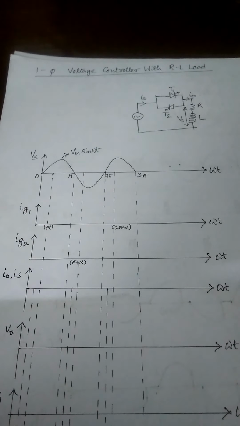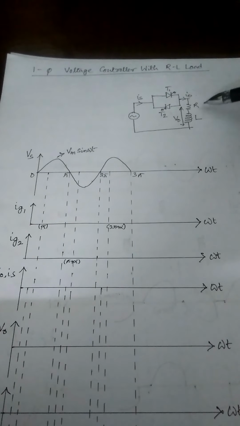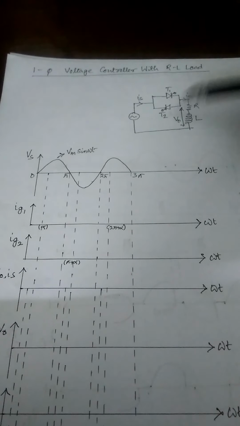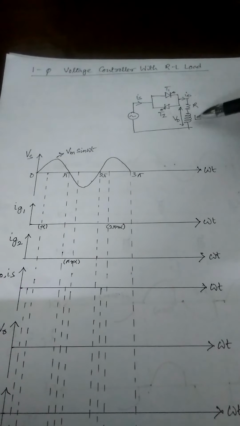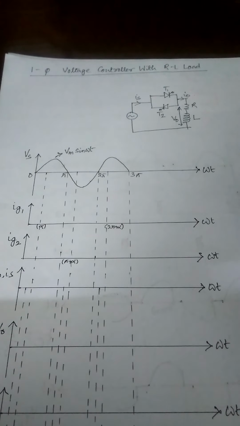When there is a change in the load circuit, previously we discussed only resistance, and now it is an RL load, that means inductive nature appears in the circuit. So obviously the output waveforms, that means the current and the voltage across the load circuit, will change due to the presence of inductance.